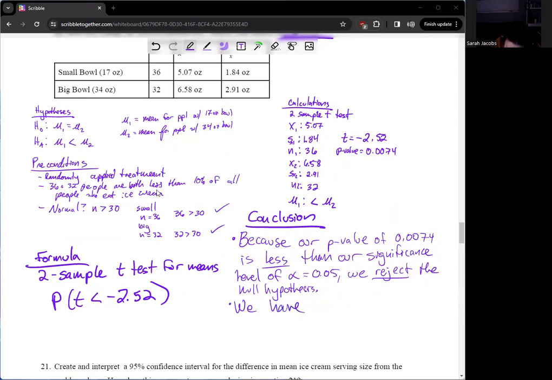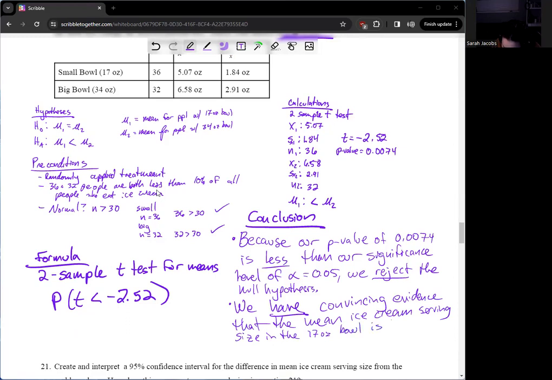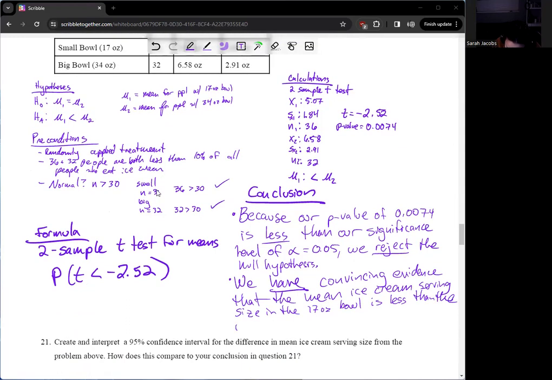We have convincing evidence that the mean ice cream serving size in the 17-ounce bowl is less than the mean serving size in the 34-ounce bowl.